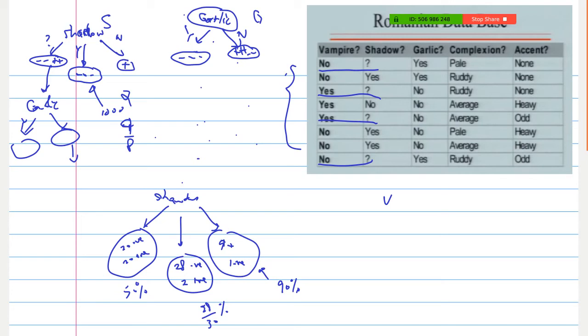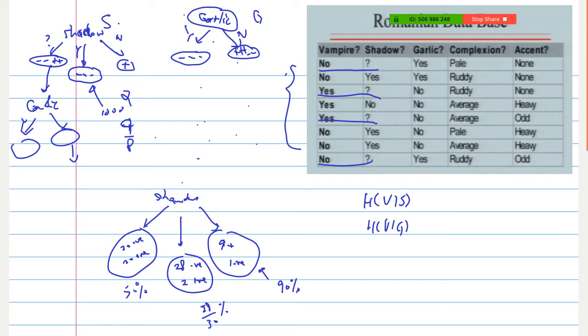Then from what we learned earlier, we can look at, for example, H(V|S) and H(V|G) and so on, right? So what's the conditional entropy, or what's the remaining uncertainty of V knowing S?